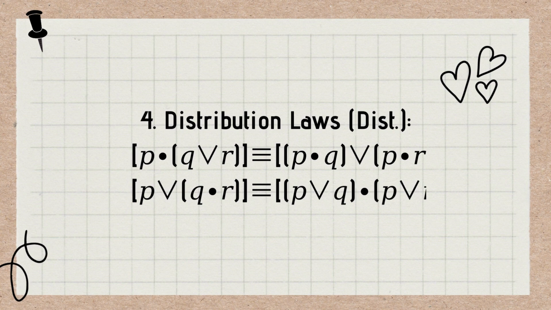The fourth rule of replacement is the distribution law: P conjunction (Q disjunction R) is equal to (P conjunction Q) disjunction (P conjunction R). The second is P disjunction (Q conjunction R) is equal to (P disjunction Q) conjunction (P disjunction R).